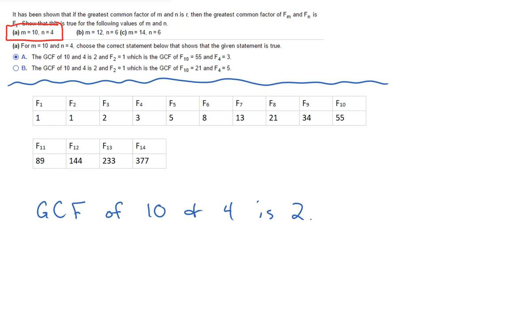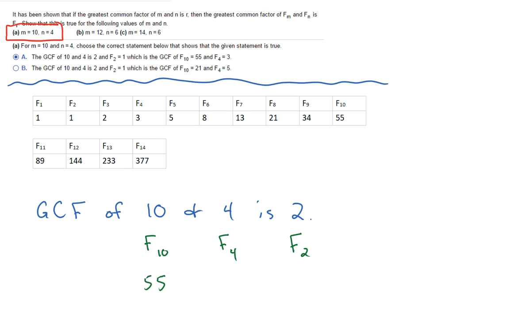So the GCF of 10 and 4 is 2, and now what we're going to do is look at all of the related Fibonacci numbers for those. In other words, we're going to look at f sub 10, f sub 4, and f sub 2. So we're going to take all the numbers that they asked us about and look at their corresponding Fibonacci numbers. So f sub 10, if we look it up in the chart, is a 55.